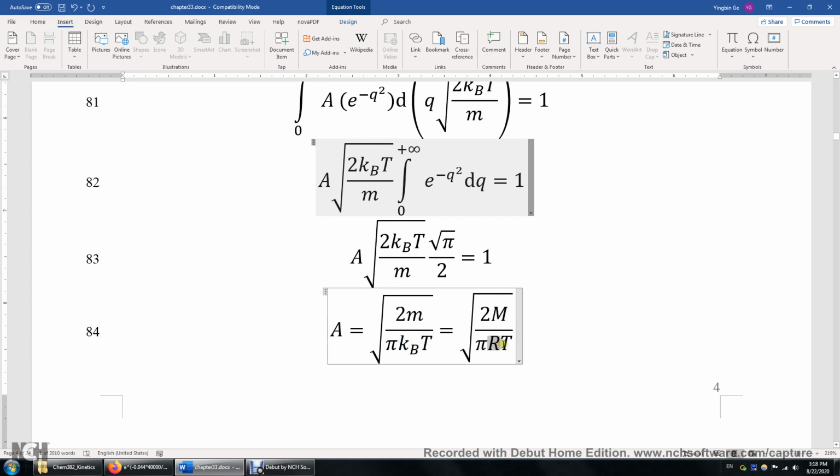R is the ideal gas constant. So the molar mass M is the mass of a gas particle multiplied by the Avogadro constant, and this R is also kB times the Avogadro constant. So basically I multiplied the top and the bottom by the same factor, the Avogadro constant.